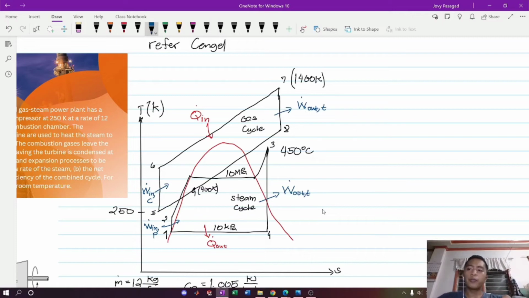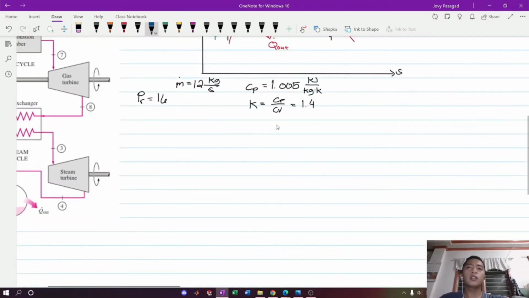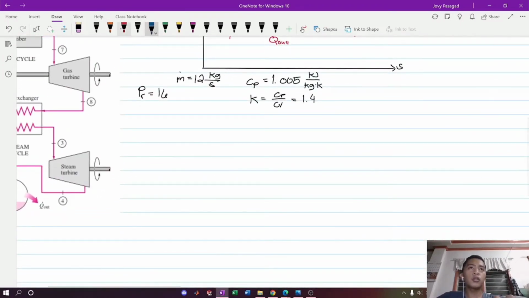So pangitaon nato ang value sa Q in. Di ba naa tayo formula? So, solution.